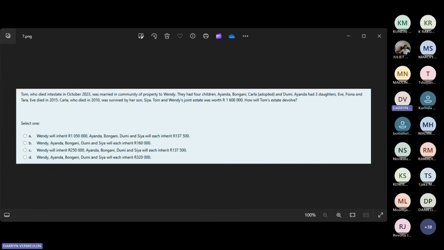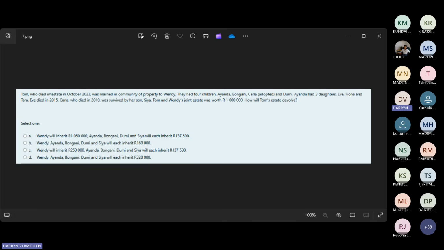They've got 1.6 million in a joint estate, but we've got to divide that now. Tom gets 800,000 and Wendy gets 800,000. Wendy gets to pocket her 800,000 because that's from the joint estate. So that's hers to keep. We now put that aside and forget about that 800,000. What we're worried about now is Tom's 800,000.